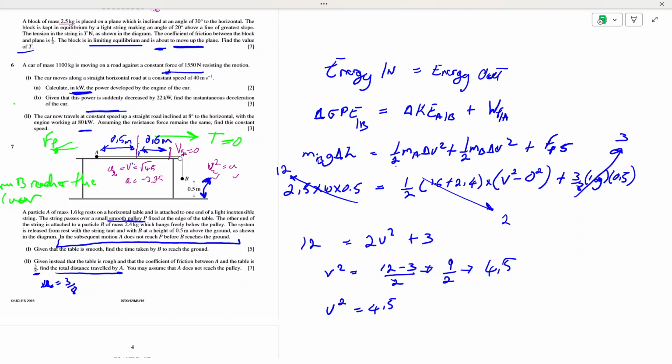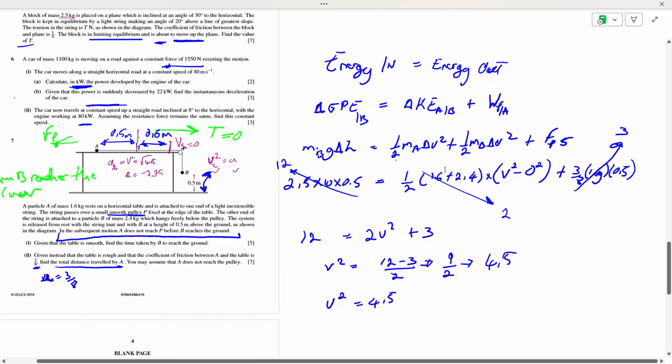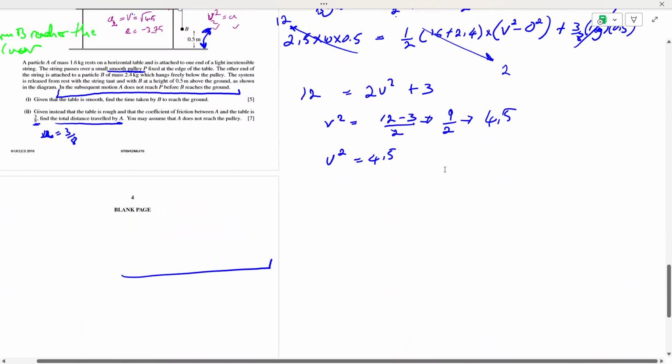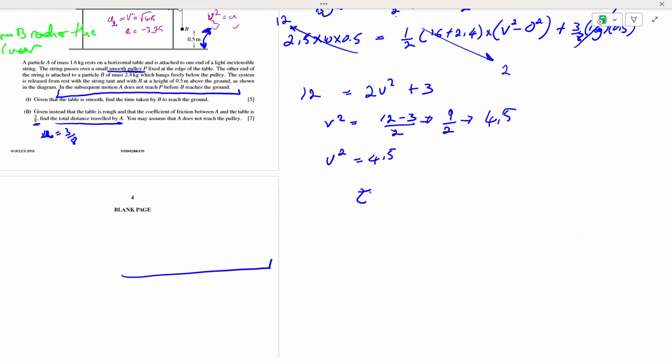And then after that, what you want to do now is calculate the final distance that A travels, and you're going to use the energy method again, right? So you're going to say energy in equals energy out, concentrating on A. The kinetic energy that A gains, where does it go?